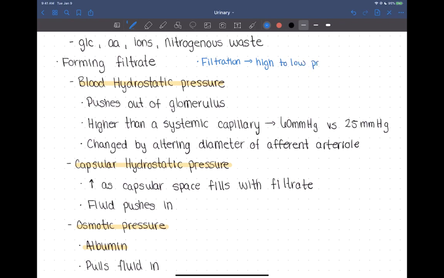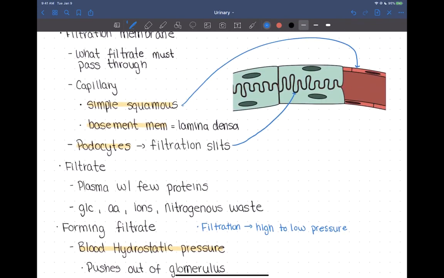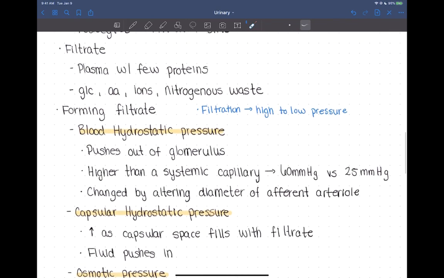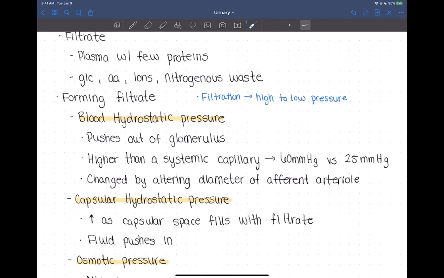All right, so it's different from diffusion, which is high to low concentration. Here in the kidney, we're using pressure to form that filtrate, to force those things out of this capillary and through those filtration slits. Okay, so from high to low pressure, and we've talked about filtration before very briefly.